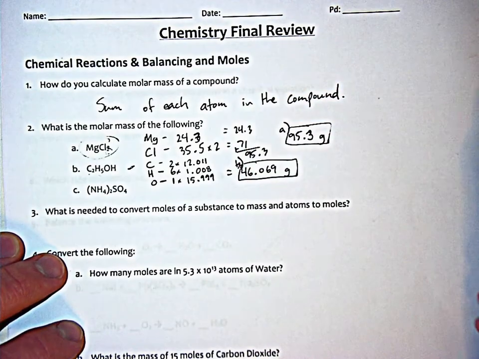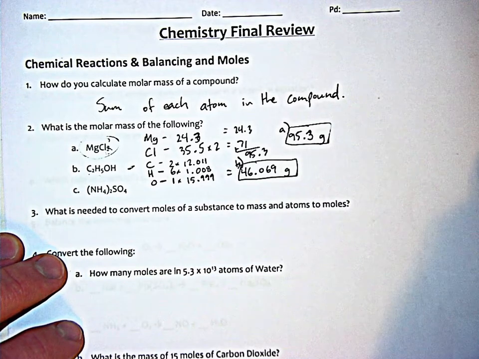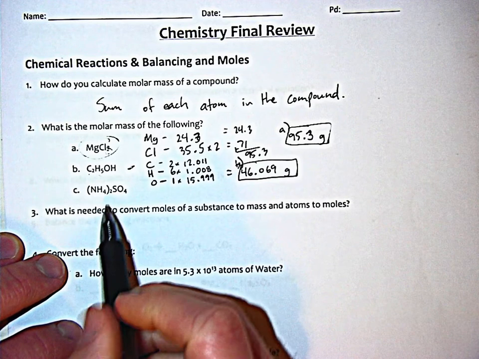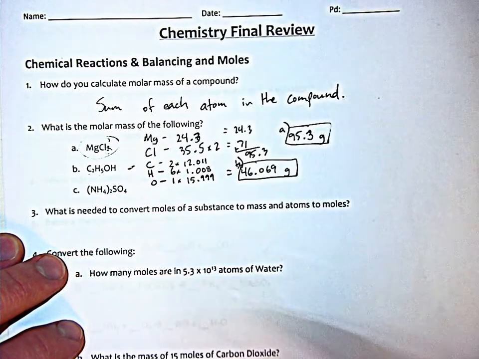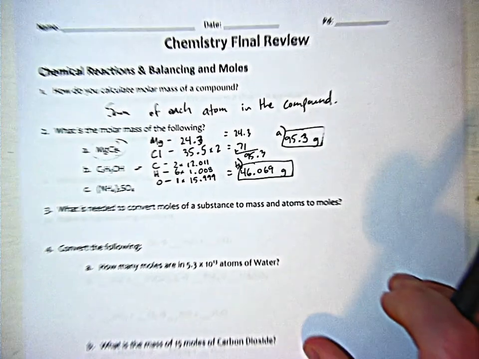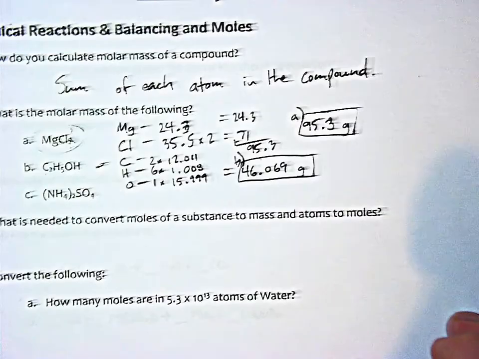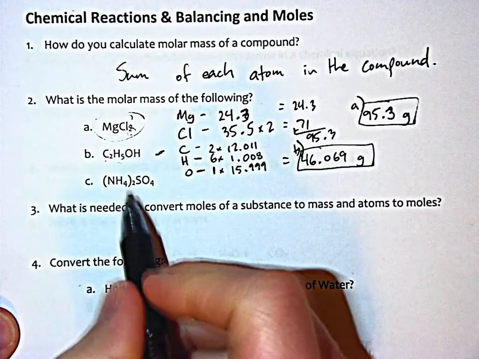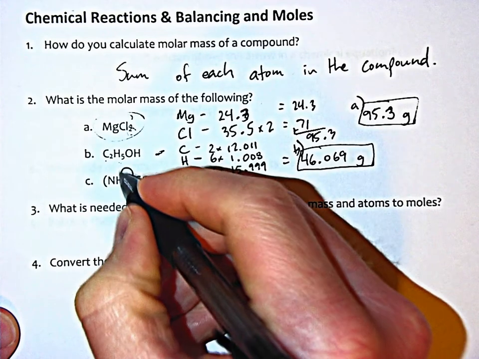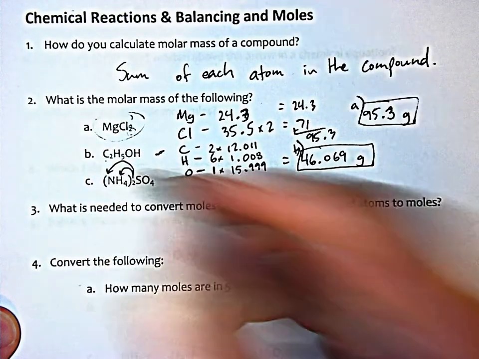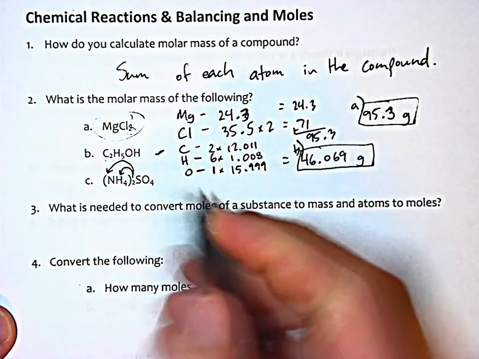And for C, some of you get confused with these parentheses here. Just remember that whatever subscript is attached to the outside of the parentheses, so if you see here, I've got the 2, this 2 is going to distribute to everything inside of there. So here I've got 2 N's.